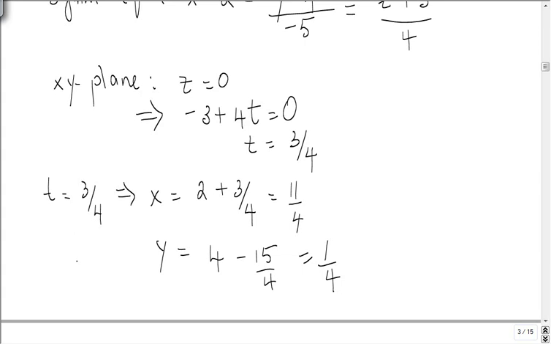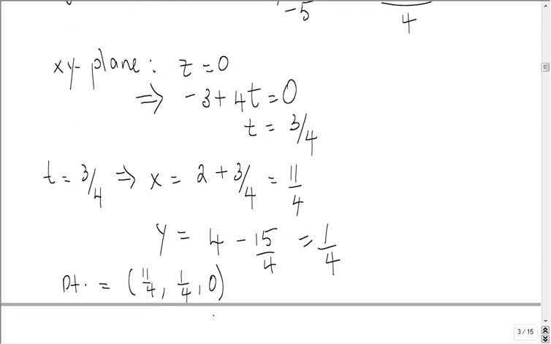And z is 0, so your point equals (11/4, 1/4, 0). Any questions on that?